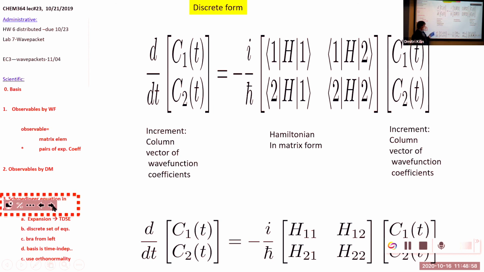So a little discouragement, only here, only today, only in this class: if we do not have external perturbation from the outside world, then typically this H12 and H21 are zeros, and then the evolution will be trivial.